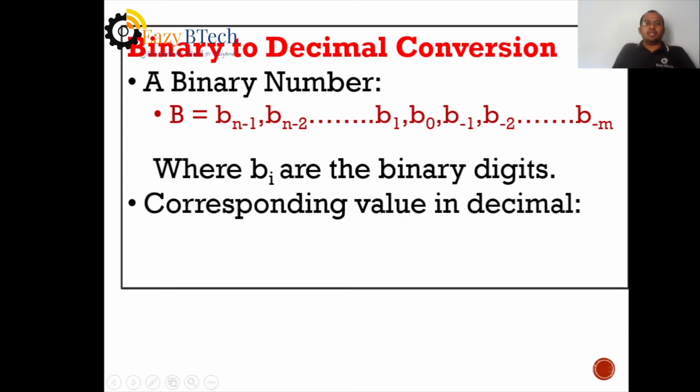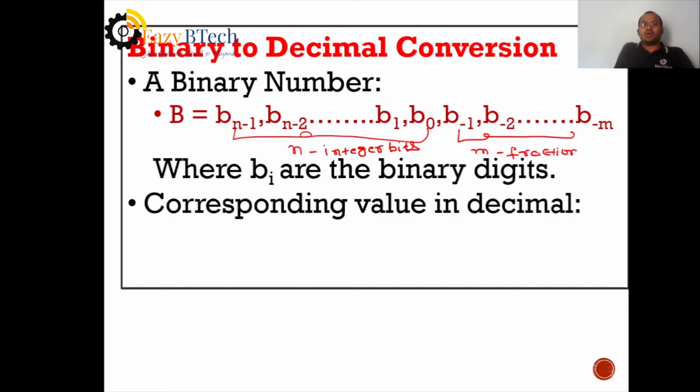For example, if the given binary number is having n integer bits and m fractional bits, what we have to do is assign positive weights to the integer part and negative weights for the fractional part.